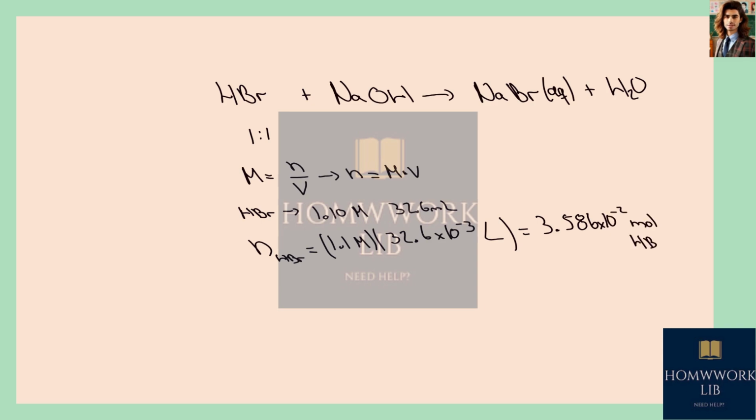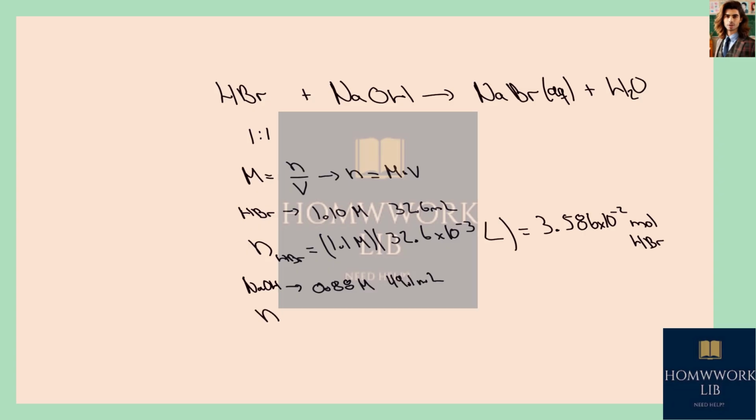This is of HBr. Then we're going to do the same calculation for sodium hydroxide. For sodium hydroxide, we're going to have a 0.88 molar solution, and we have added 49.1 milliliters.